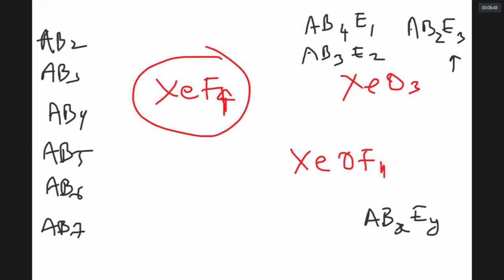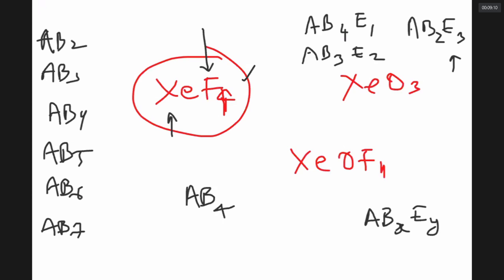Let us try to do this. Classify XeF4: what type of molecule is it? XeF4 looks like AB4, but xenon has 8 electrons. Out of 8, 4 are used by 4 fluorines.